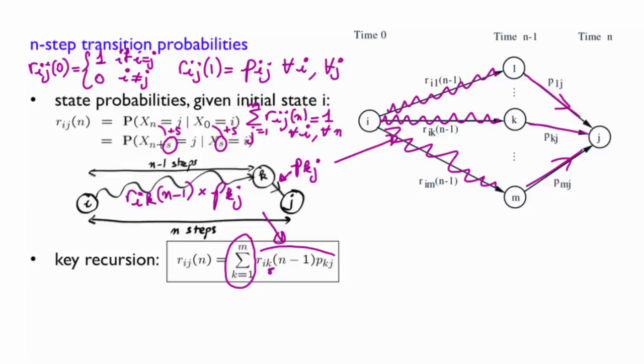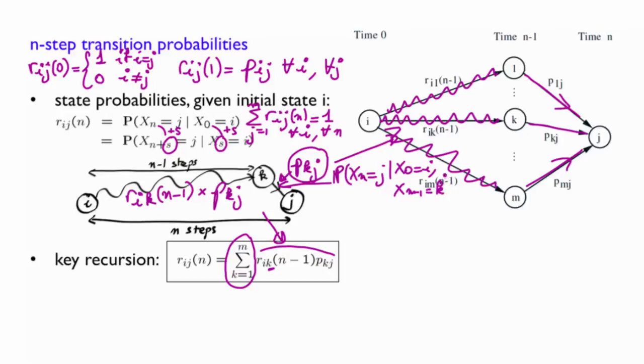Where did we use the Markov property in this calculation? Well, the key step here was when we said that this probability here was p_kj. Going back to the calculation that we had here, this was in fact the probability of being in state j at time n, given you started in state i and you were in state k at time n minus 1.